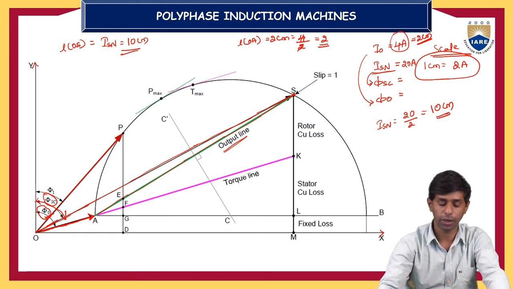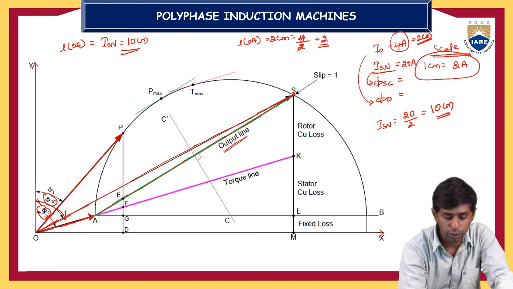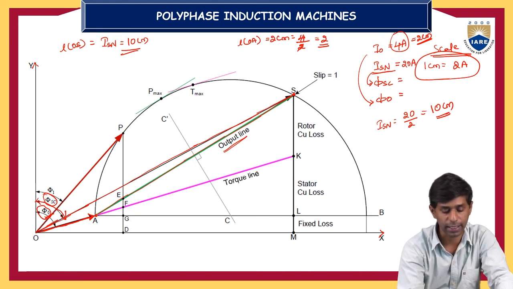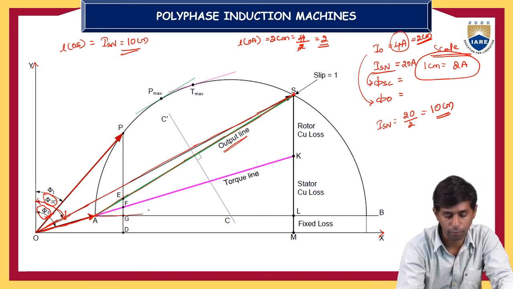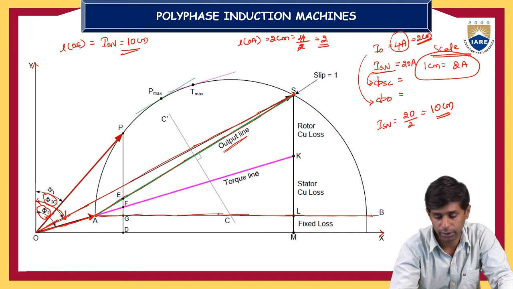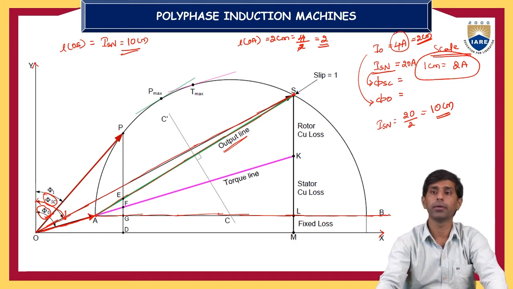After that, you have to draw a line from point A, a straight line parallel to the x-axis.